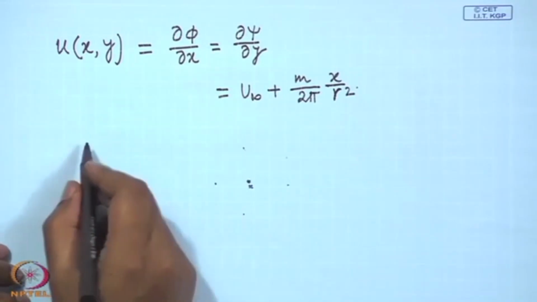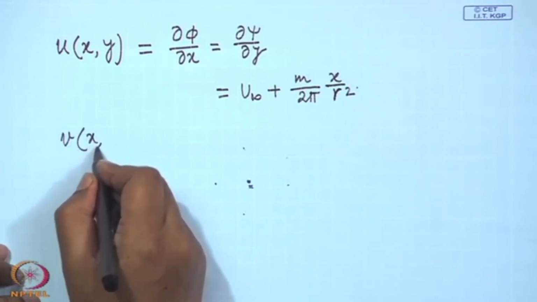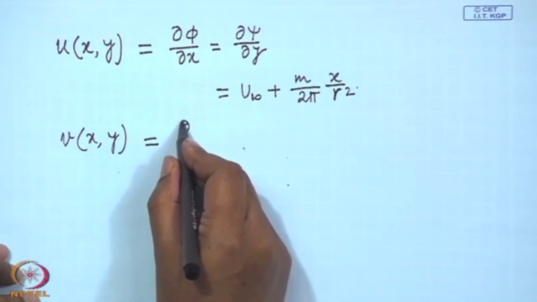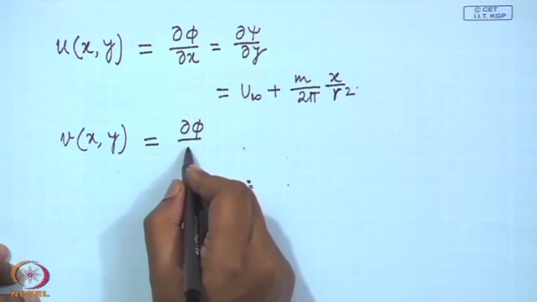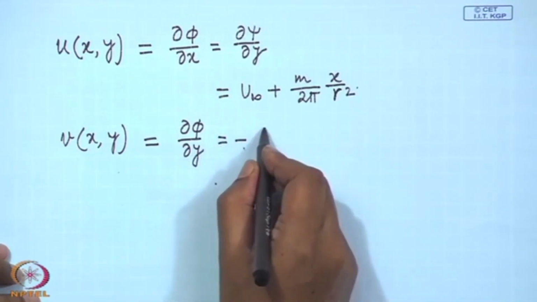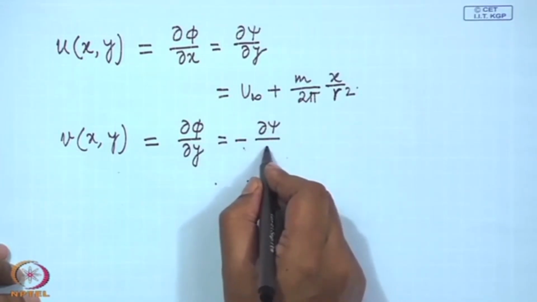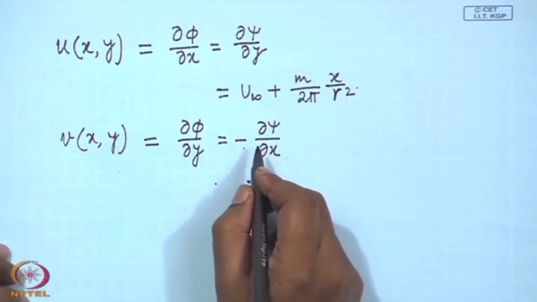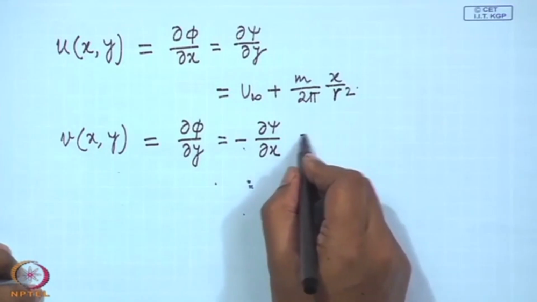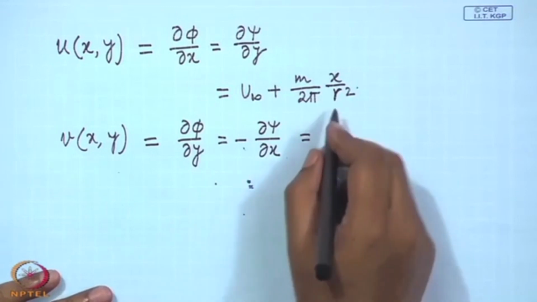What about the other velocity component? It is m by 2 pi into y by r square.